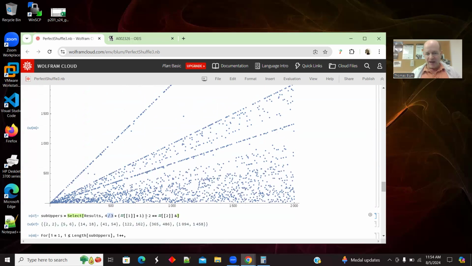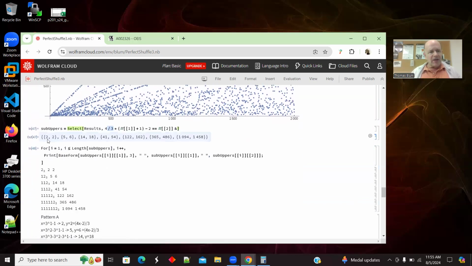So this is X, I'm adding 1 to the X and subtracting 2, that was the equation of a line, and then it pulled out these values. So these are the XY pairs.